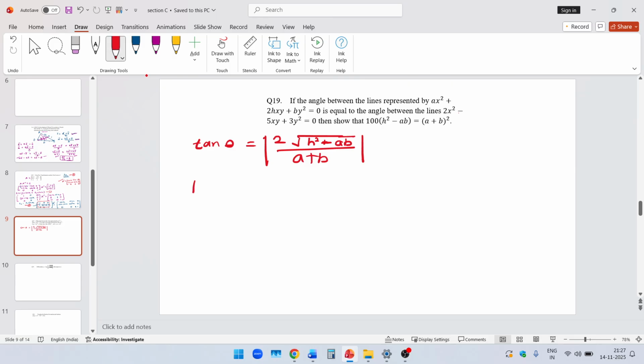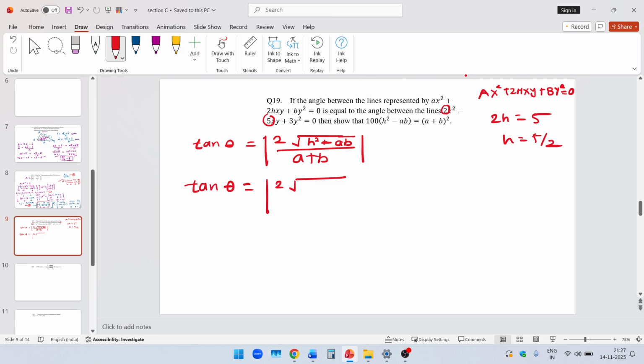For the second one, tan theta will be equal to, in place of a, I will write 2. In place of h, I will write 5. So I know that 2h is equal to 5. So h will be equal to 5 by 2, right? I'm going to compare with ax square plus 2hxy plus by square is equal to 0, by the way.